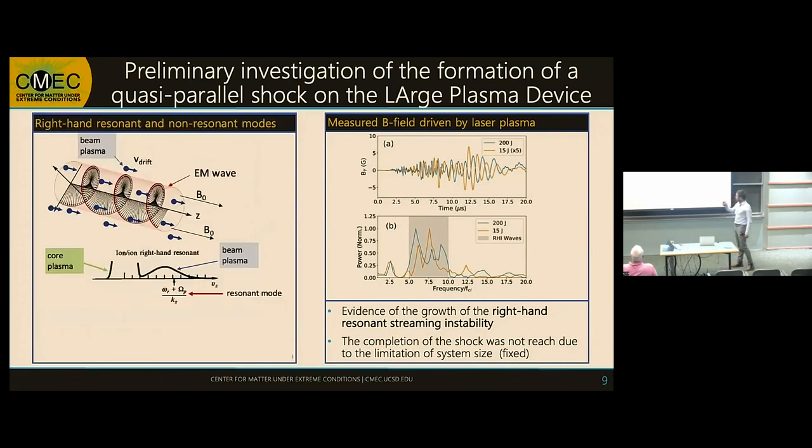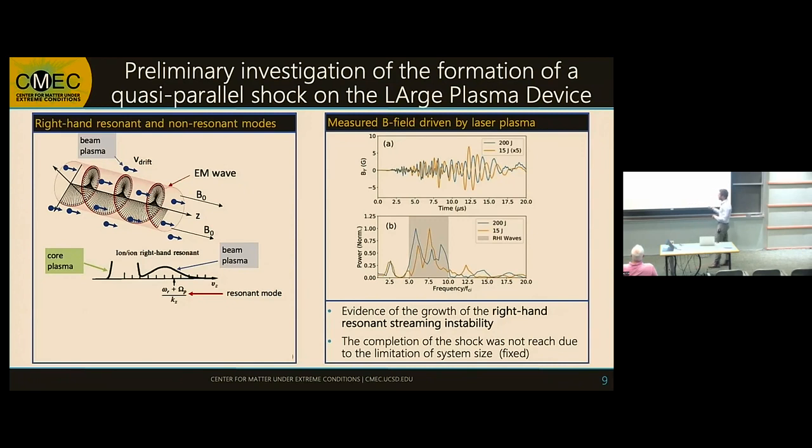This instability is triggered when you have an ion beam plasma propagating into a magnetized core plasma, or background plasma, with a drift velocity aligned with the external magnetic field.